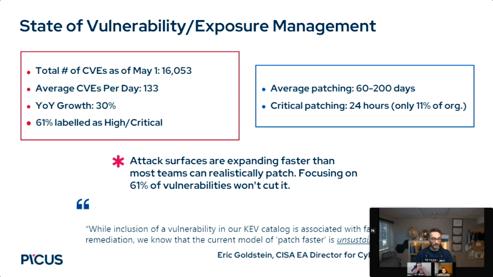That's roughly 133 vulnerabilities being discovered and published every single day. And this isn't even counting the more than 40,000 that were published in 2024 alone. So when we look at this, we are drowning. There are a lot of vulnerabilities, and they keep rising and coming.